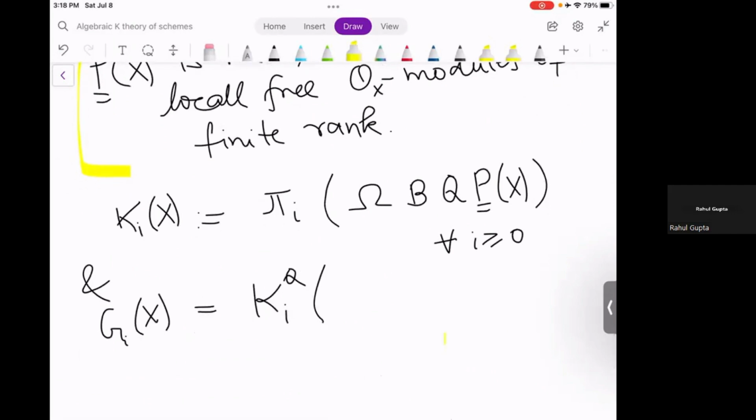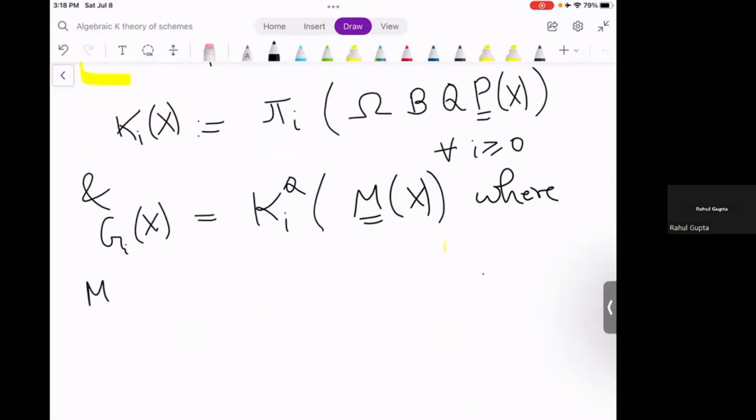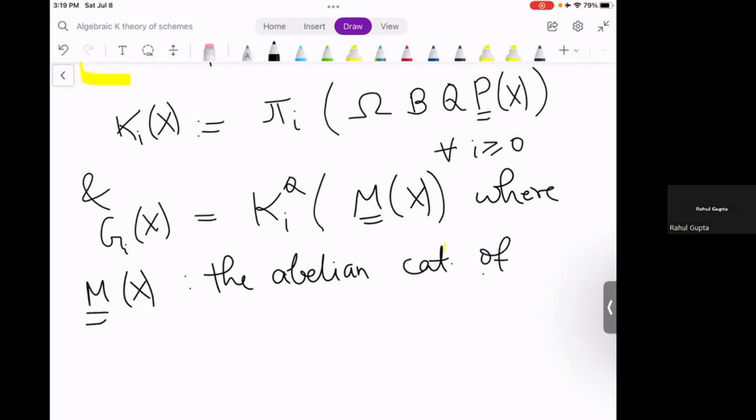This is just the K theory of M of X, where M of X is the category of coherent sheaves. This forms an abelian category actually. So this is a very good exercise. If you have not seen the definitions of these categories or K_i and G_i, you should prove that these are abelian categories and exact categories respectively.